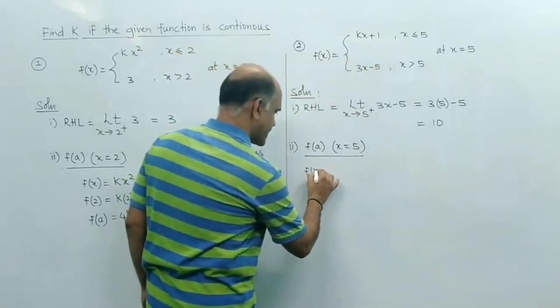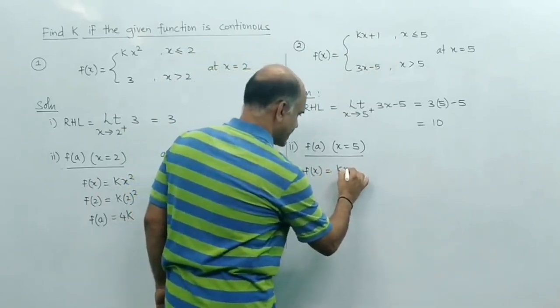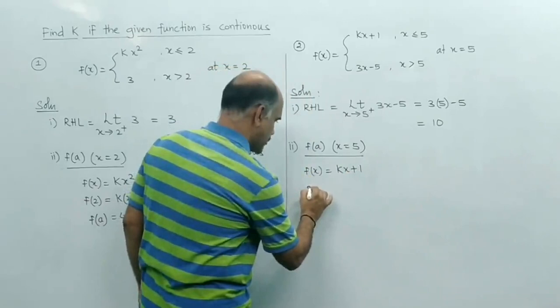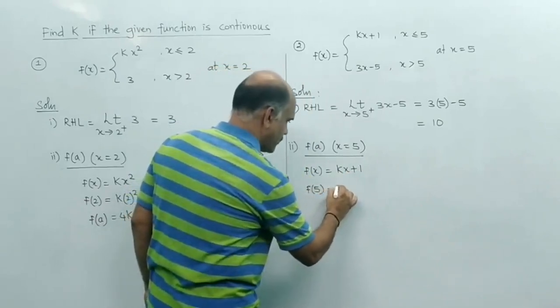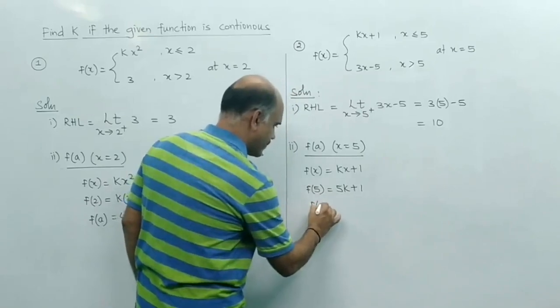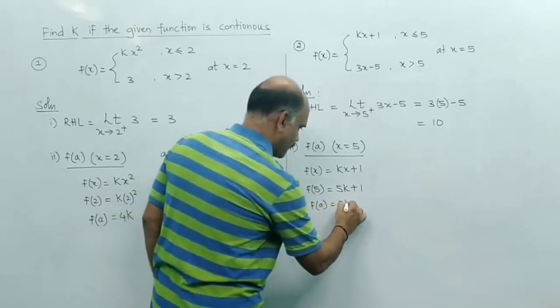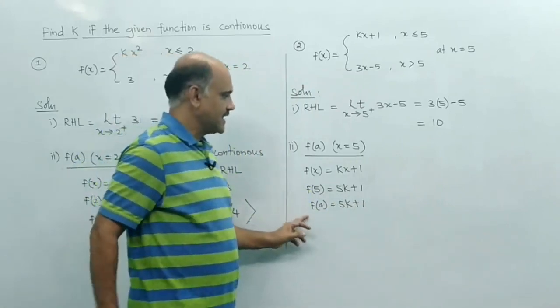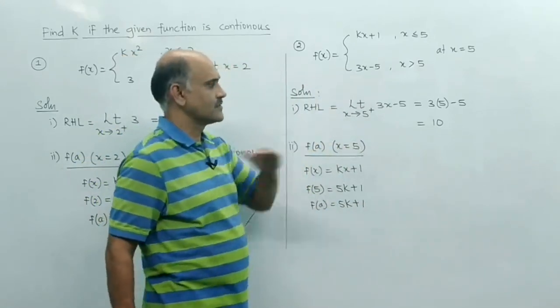So f of x is equal to kx plus 1. Substitute 5. So f of 5 is equal to 5k plus 1. This is nothing but our f of a. Now again equate both, you will have the answer.